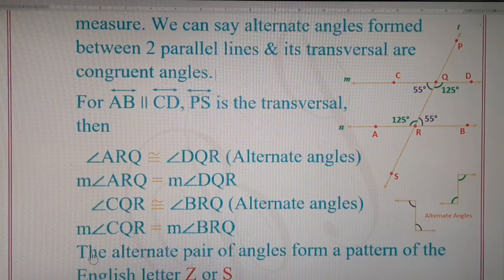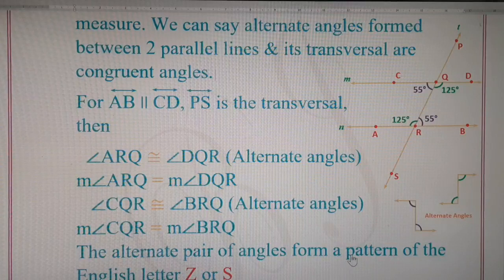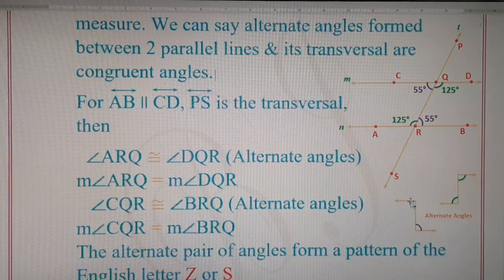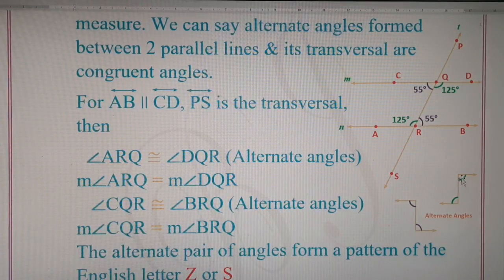Children, we have to remember the alternate pair of angles form a particular design or pattern of the English letter Z or S. Here in this diagram, I have shown the Z pattern, and these two violet marked angles on the internal part of the Z will be known as the alternate angles. Similarly, the S pattern is the mirror image of the Z pattern, and the green marked angles will be known as the alternate pair of angles.